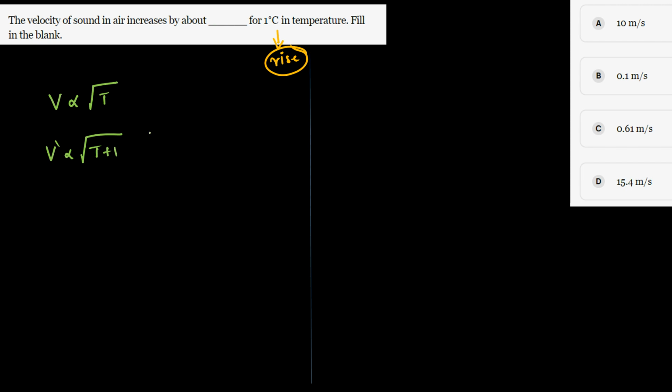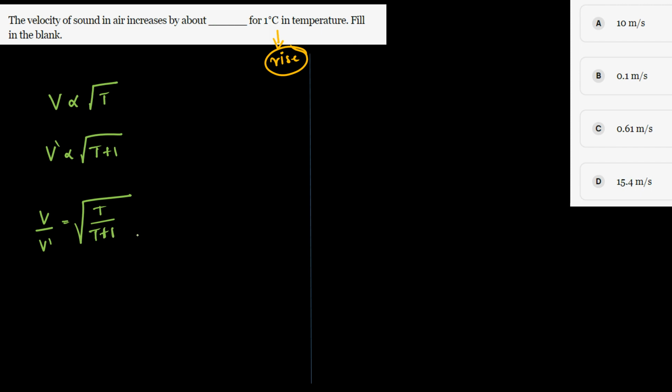Now you take the ratio, you should be getting your answer. So V divided by V dash will be equal to the square root of T divided by T plus 1.